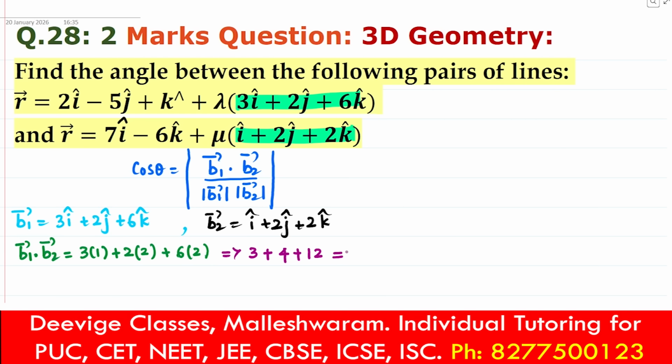So 12 plus 3 plus 4 is equal to 19. Next, b1 dot b2 is done.